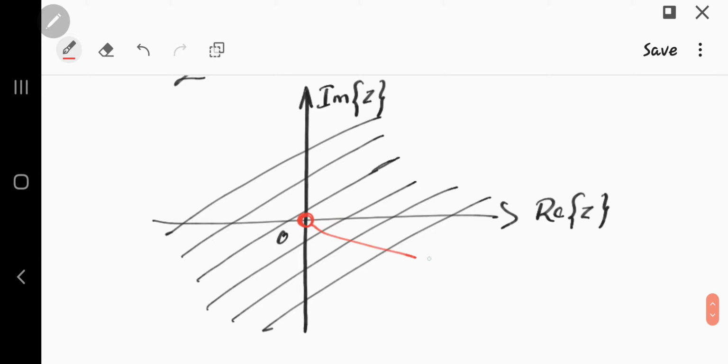How many zeros? We have k number of zeros at origin. So everything will be based on the property of ROC.